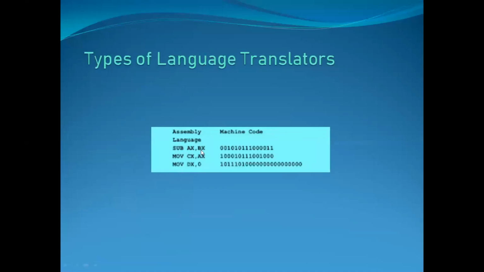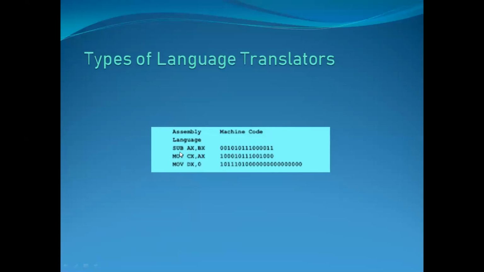You can see here, within one instruction of assembly language, it is instructing to do a single task, for example, subtraction of something, or moving of something. In high-level language instructions, it is not necessary that within one instruction there is only one operation. But in low-level language instructions, it is necessary that there is only one operation in addition to the assignment operation.